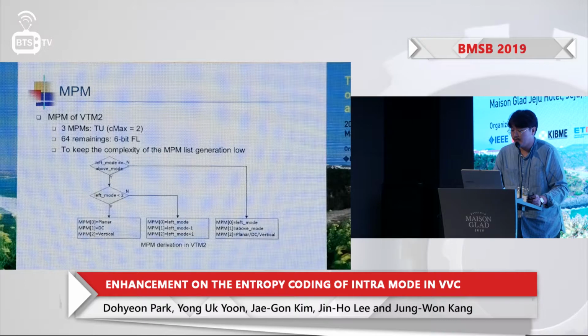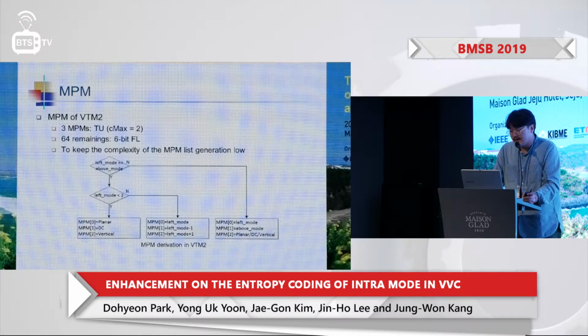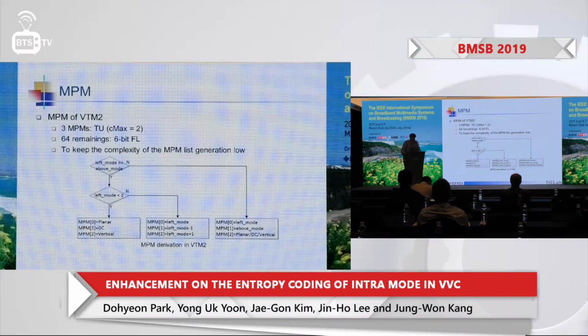If the left mode and above mode are not the same, MPM 0, 1, 2 are assigned the left mode, above mode, and one mode among Planar, DC, and this particular mode, respectively. The process seems quite simple. The 3 MPM method can keep the complexity of the MPM list generation low.